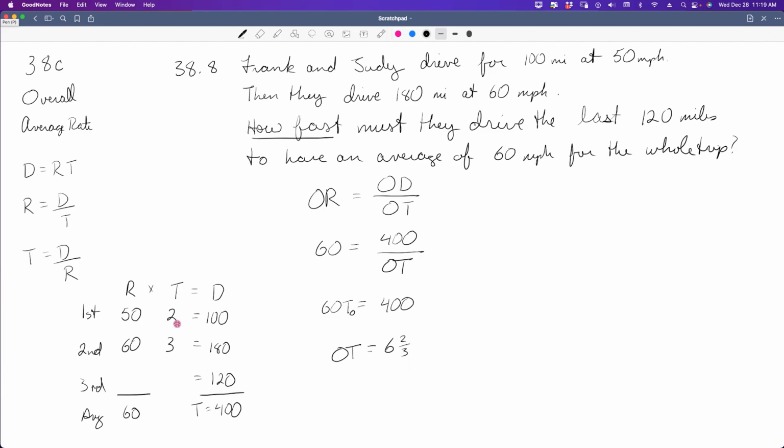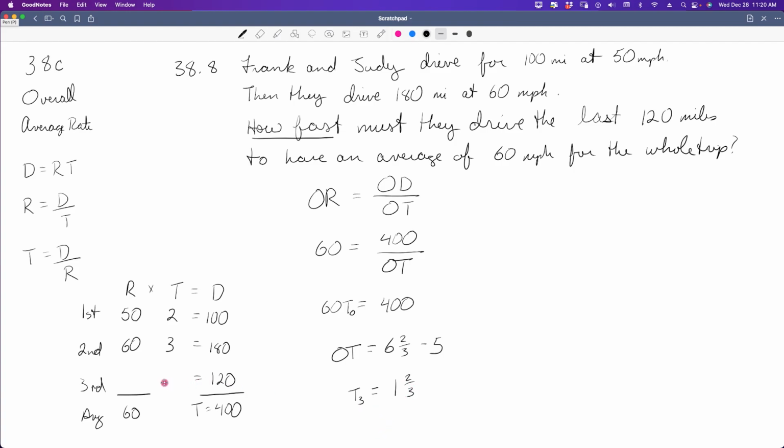Well, we already know the time of the first leg and the second leg was 5 hours. So in order to find the time of the third leg, we could subtract 5 from this overall time. So we're going to say minus 5. That means that the time of the third leg is going to be 1 2/3 hours.